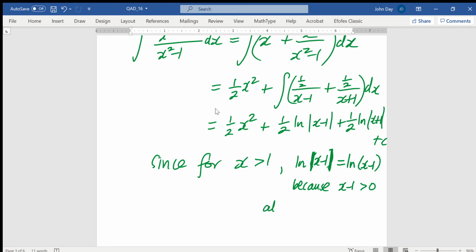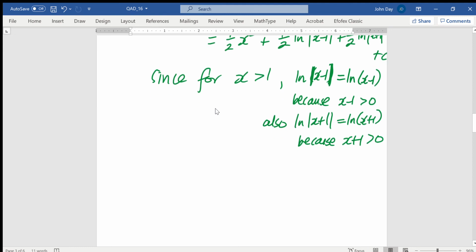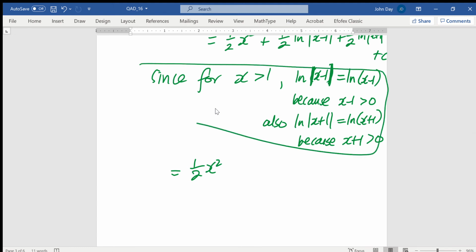And also natural log of the absolute value of x plus 1 equals natural log of just x plus 1, because if x is bigger than 1, then x plus 1 is bigger than 0. So I can get rid of those absolute value signs.